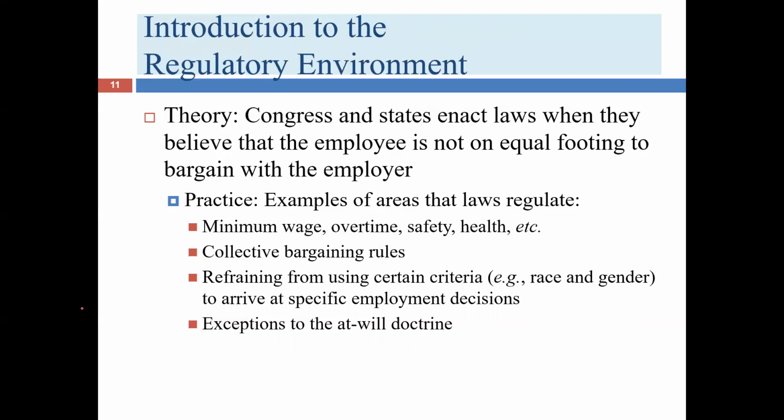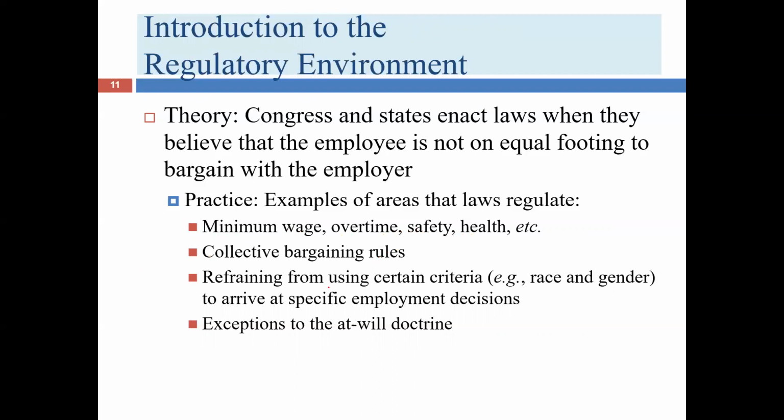Here are some examples of areas that get regulation. For example, we have a minimum wage. We have overtime provisions guaranteeing people time and a half after they've worked a certain number of hours in the week, or in some states, even in the day. We have certain safety rules, and related to that, health rules. We also have collective bargaining rules for those groups of employees who've chosen to unionize.